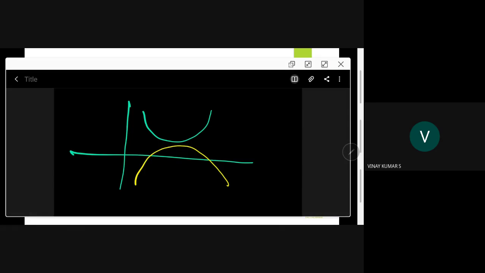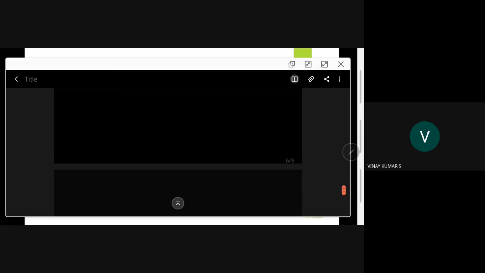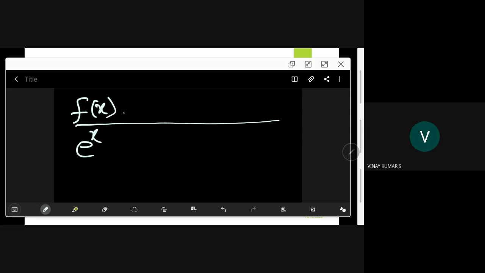See here, suppose we take our f of x candidate, say, e power x. What is the first order derivative?